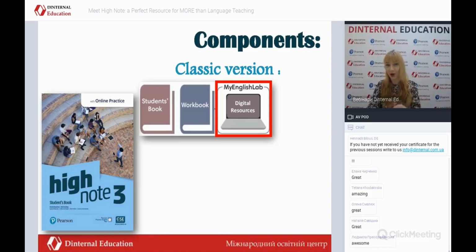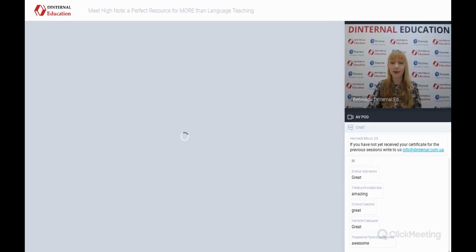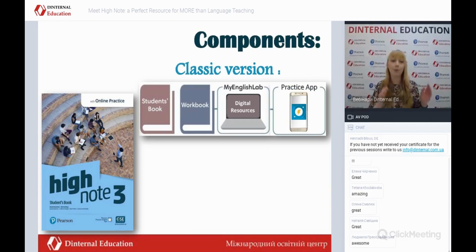And that's not yet all. In addition to the student's book and workbook and all these extra activities, you also get access to the practice app on your mobile phone. In this practice app, your students will have all the audios and videos for the course. So no matter where they are, even in the lesson, if you don't have the opportunity to play the video or an audio track, all of your students and yourselves will have them on your phone.